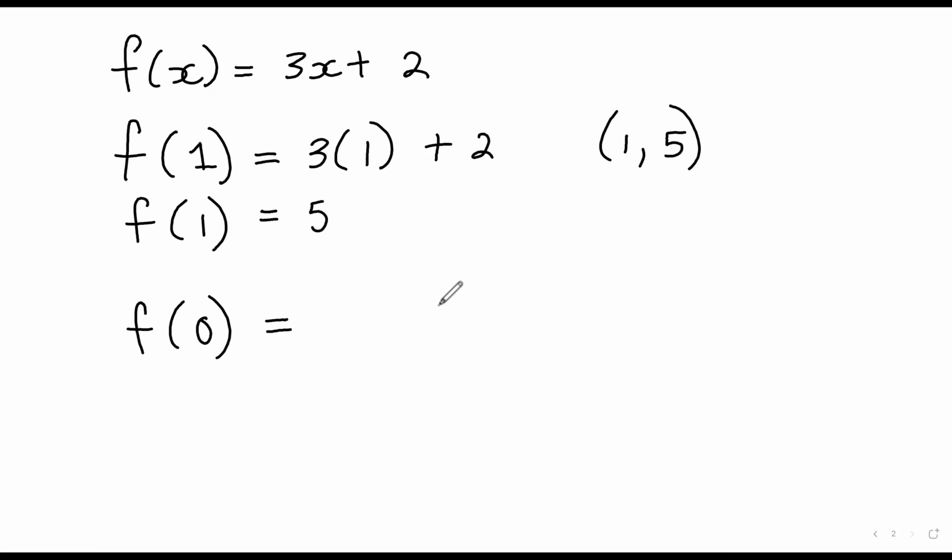That's right. So what would I write as the substitution? f of 0 is equal to three open bracket zero close bracket plus two, right? And that's how I got 2. So f of 0 is 2.